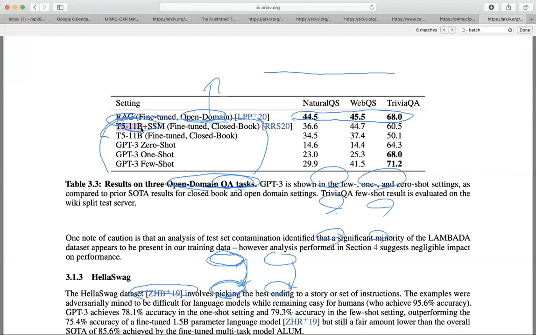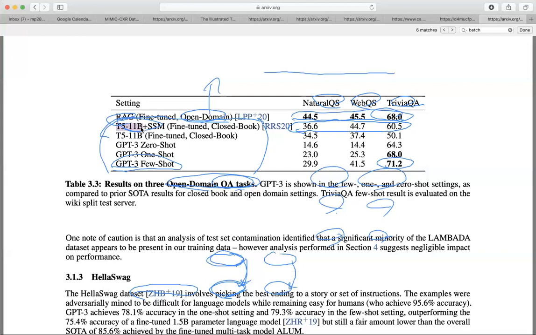Prior to GPT-3, T5 is the best model, as I said, and it is showing a pretty good performance on three question answering data sets. But GPT-3 with few-shot environment is outperforming even the previous state-of-the-art model using Google search engine while it is inferencing.